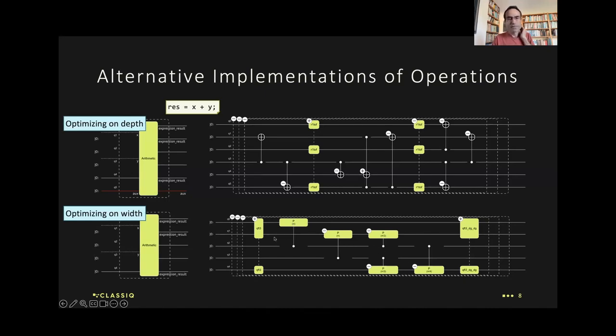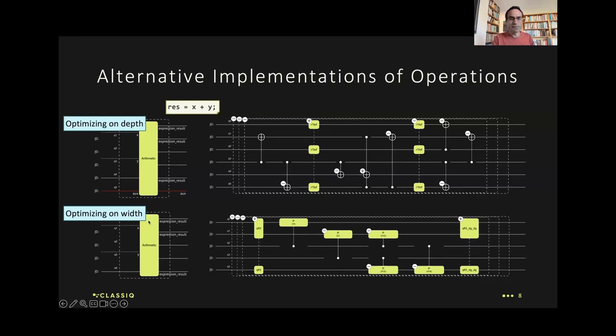So I'm starting off by moving into the Fourier basis of the result register, and then applying the phases, the phase rotations, so that I'm reaching the value of x plus y in the Fourier basis and coming out of it with the QFT dagger.